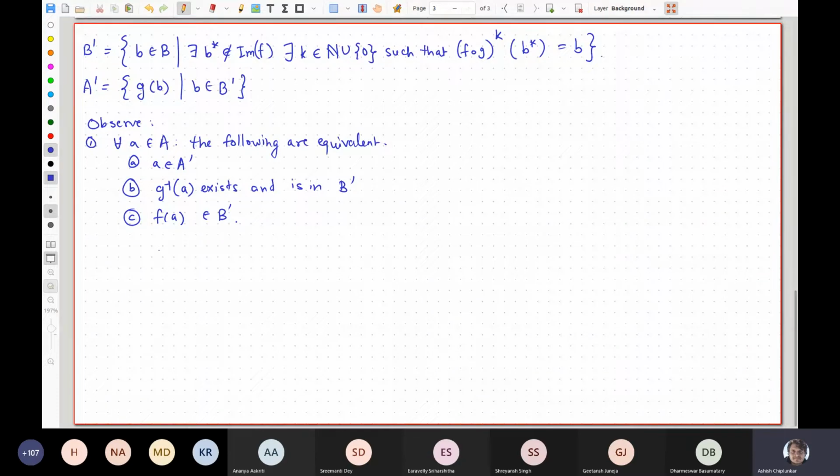So maybe this requires some work. If A is in A prime, then what is F of A? A is G of B for some B in B prime. So how many of you can easily prove this? Raise your hand if you think you can easily prove this claim.